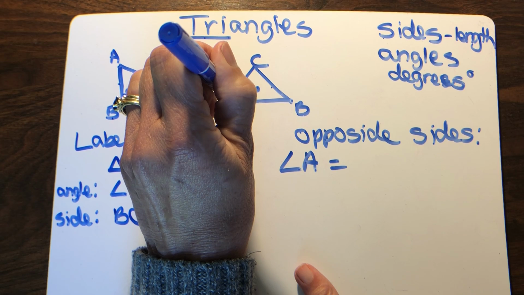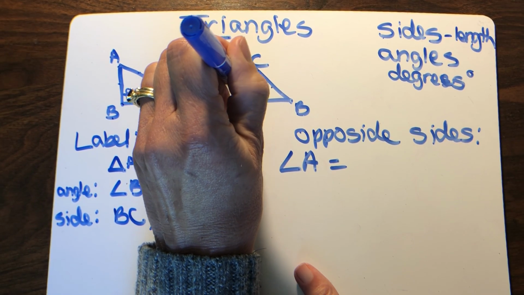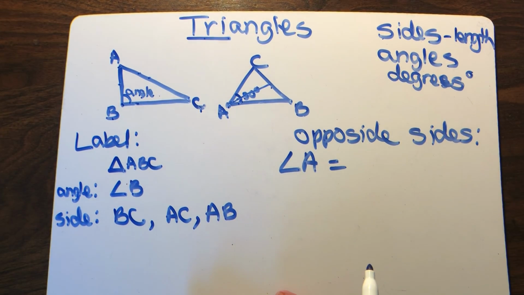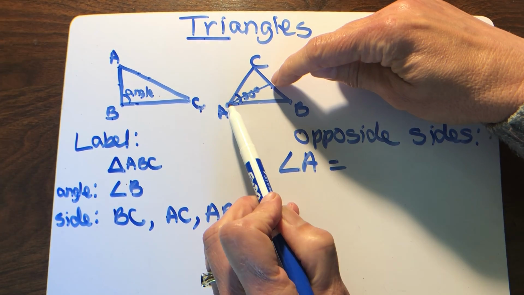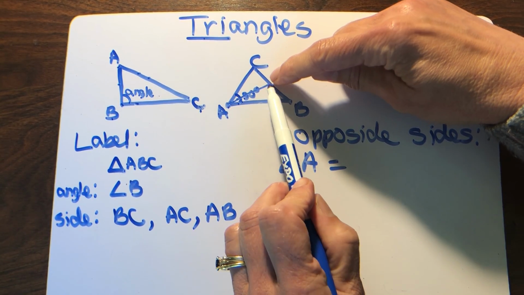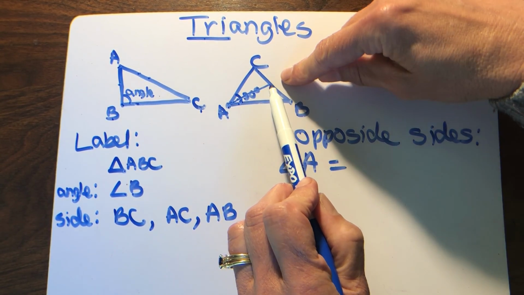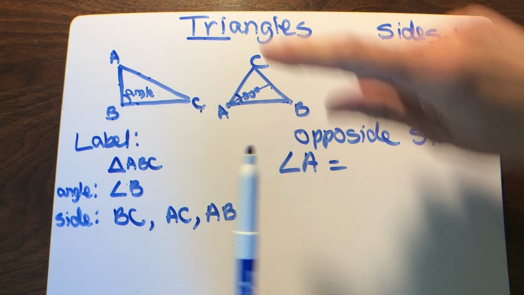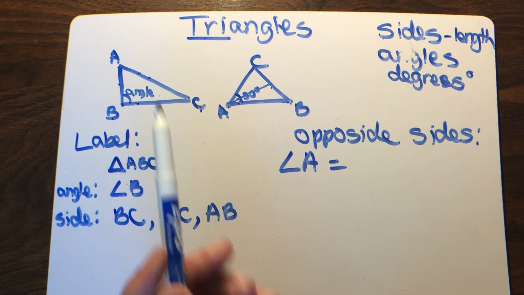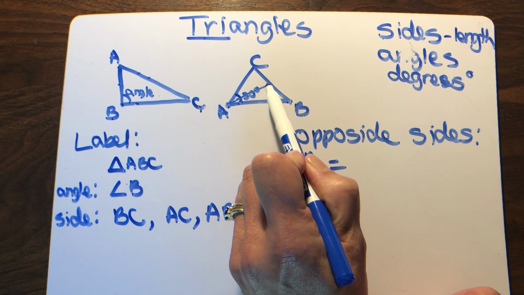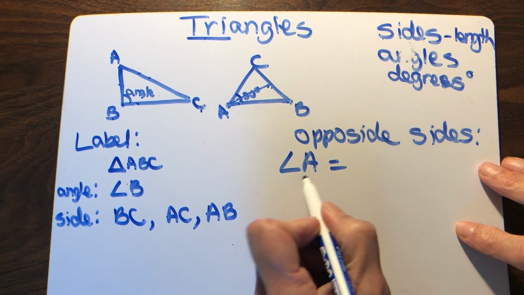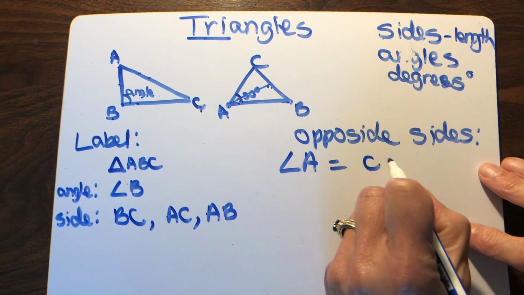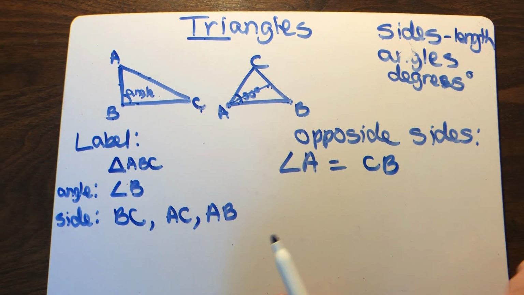Okay, now you put your pencil and physically shoot your little bottle rocket, and it's going to hit right in the center of this line over here. It doesn't come along here on the bottom unless you just had a dud and it never got in the air. So what's the opposite side to angle A? It is CB or BC. You can put it either way.